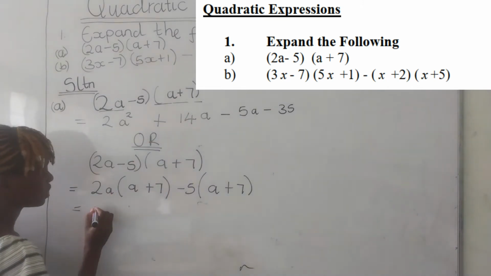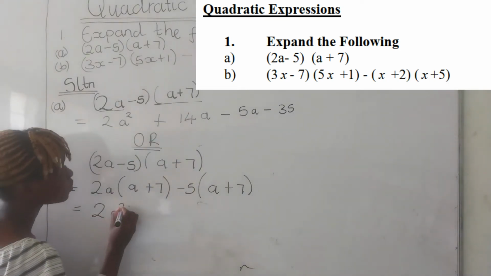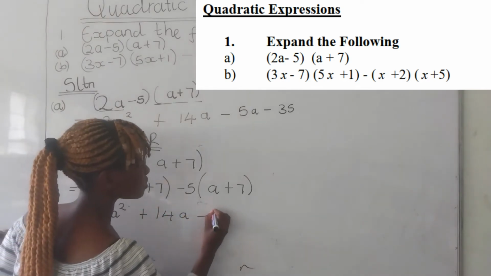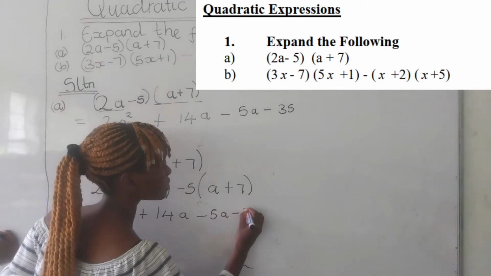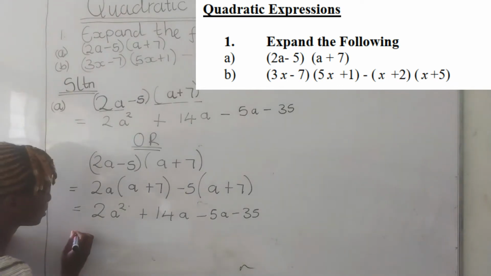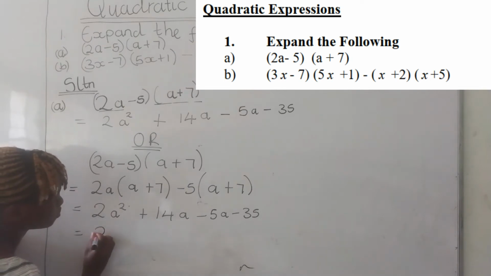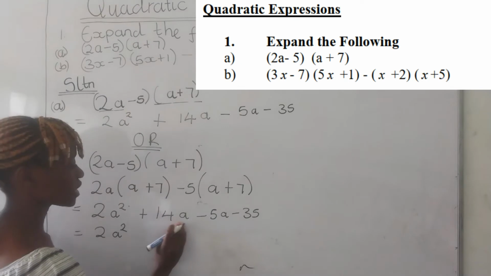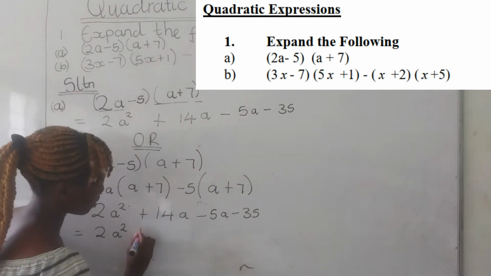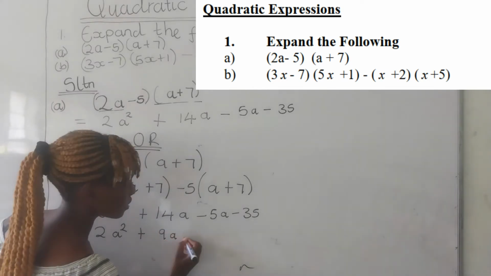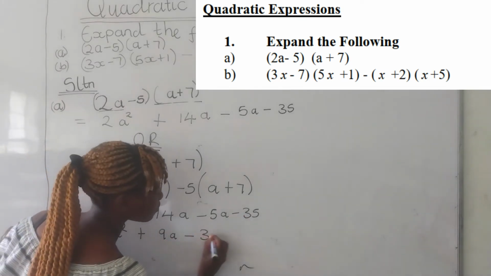Okay, so that's going to give us 2a squared plus 14a minus 5a minus 35. Okay, to simplify this, we get 2a squared, then we subtract this part. 14a minus 5a is going to give us 9a minus 35.